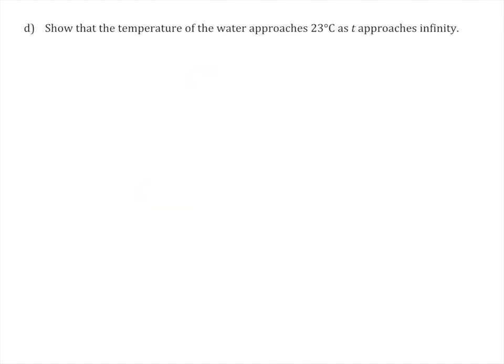Part D. Show the temperature of the water approaches 23 degrees as T approaches infinity. So let's remember our formula. T equals 23 plus 72 e to the minus 0.162 t. As T approaches infinity, what's happening?